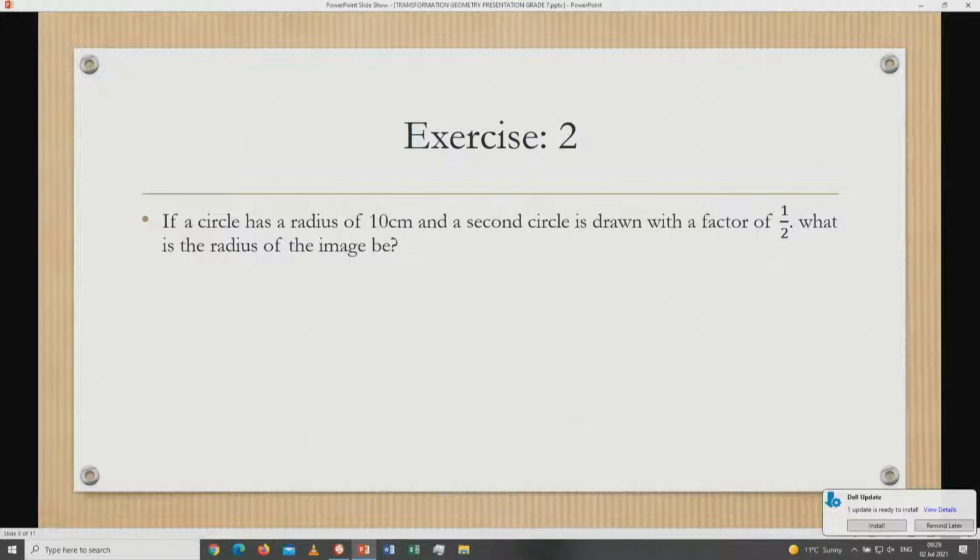Now, let us just take a look. So here, guys, we are told that the original circle has a radius of 10 centimeters.